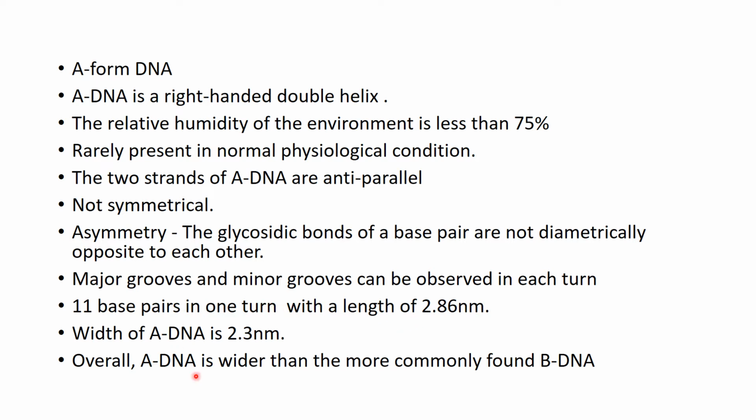So these three are the basic differences, and it is wider than the normal B DNA which we have studied, because there we say that it is 20 Angstrom and here it is 23 Angstrom. So these are the characteristics of A DNA, where some are common and some are different. Basically, the statistical dimensions of the molecule change when the humidity of the environment changes.